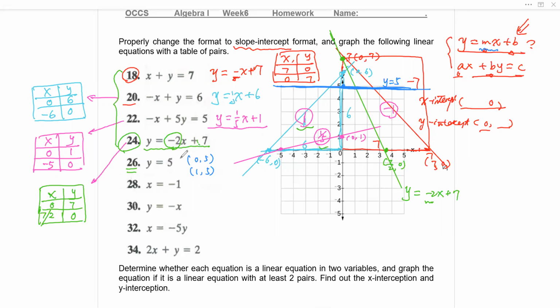So this is a horizontal line. If someone gives you y equals b, with no x there, it means the slope m is equal to 0. This line is a horizontal line.